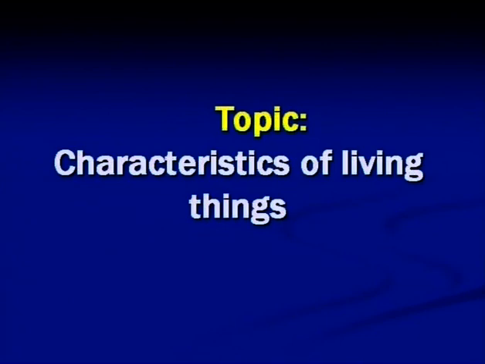Now, I'm sure receiving students and the model class, some of you may know the meaning of this word characteristics, or you have learned about the characteristics of living things. When we talk about living things, we refer to plants and animals, right?